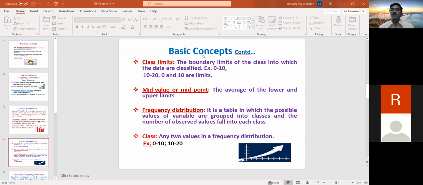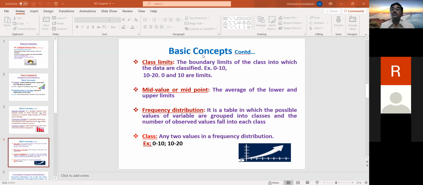If raw data of 50 students is given, you have to identify how many students come under that 70 to 80 class, and mention that number against that particular group.